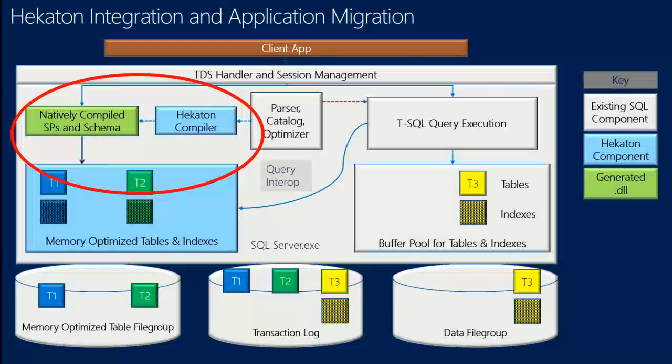What we require from the Hekaton perspective is that you have to guarantee there is enough physical memory for your tables. The key things to note: number one, you do not have to move your full database into Hekaton. We have to be very choosy about which tables make sense to move to Hekaton.